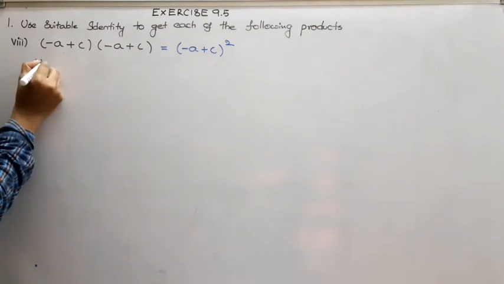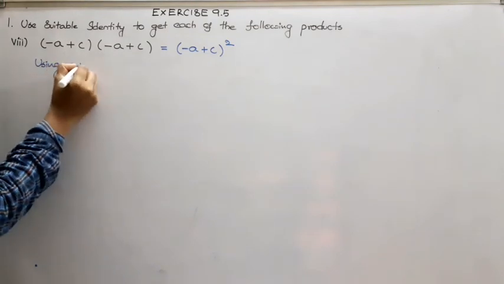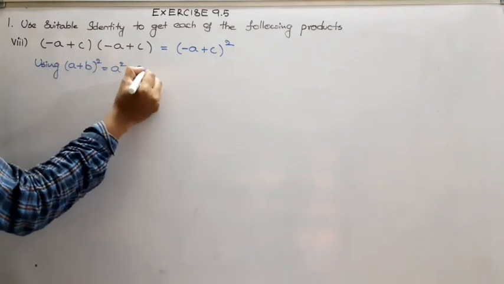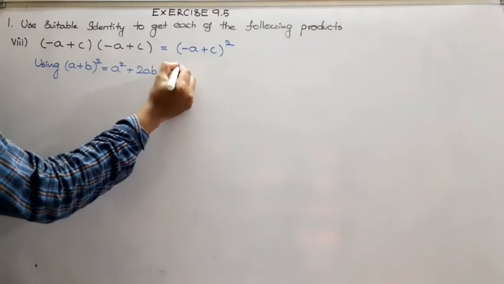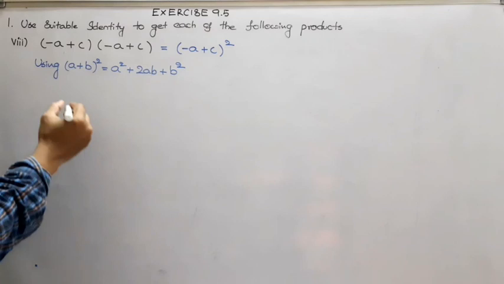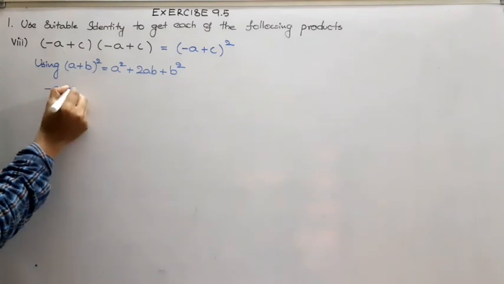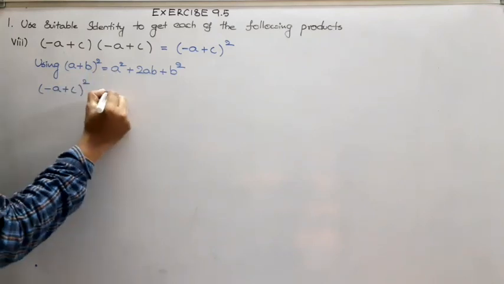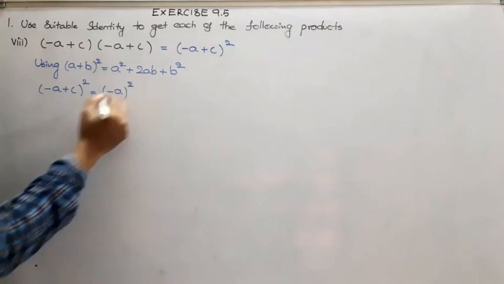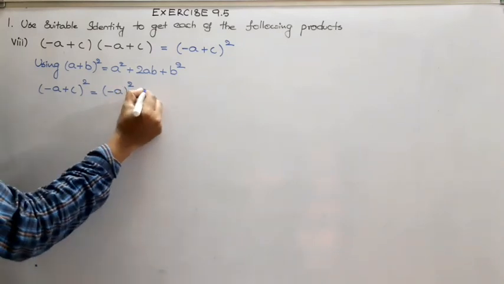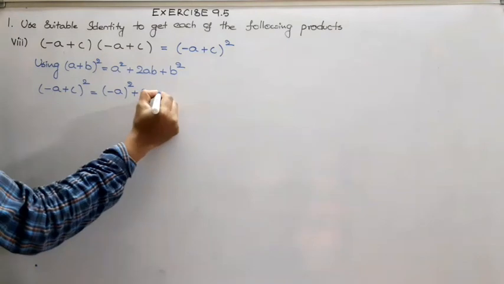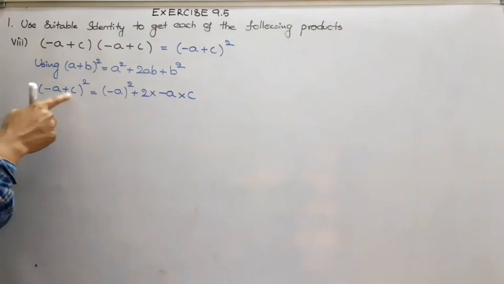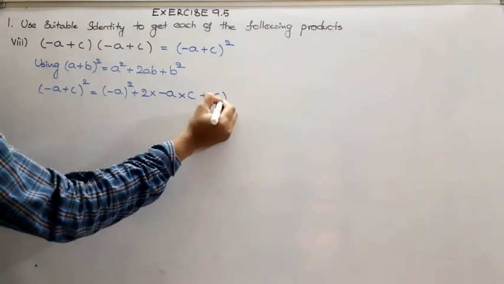So using (a plus b) whole square is equal to a square plus 2ab plus b square. (Minus a plus c) whole square is equal to, now what is the value of a? Minus a whole square, plus 2 multiplied by a, which is minus a here, and b is c, plus c square.